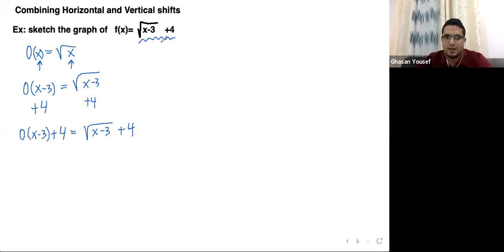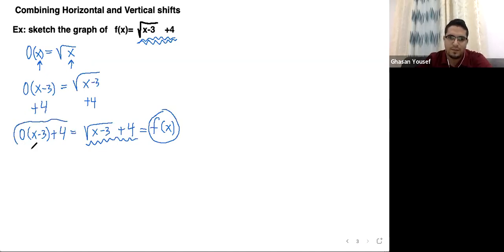Now look, this side is exactly this side, and this side equals f of x. So f of x equal to O of x minus 3 plus 4.